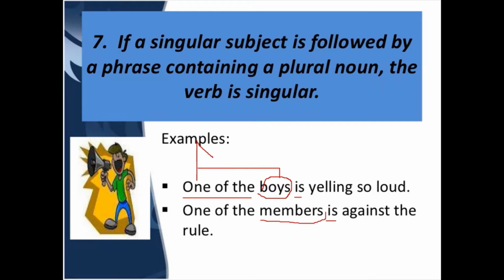Members is a plural noun. However, it is preceded by one of the. So if it is preceded by one of the, then the entire subject becomes singular. So if the subject is singular, then it must take a singular verb. So that is for rule number 7.